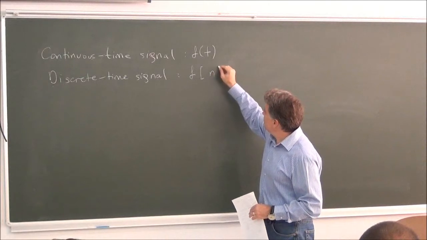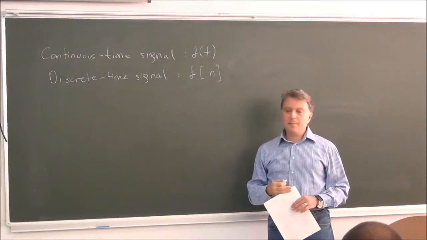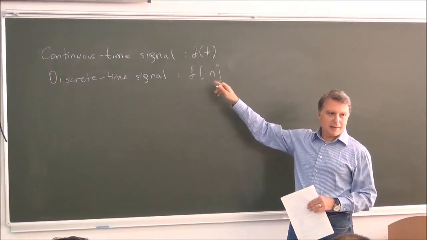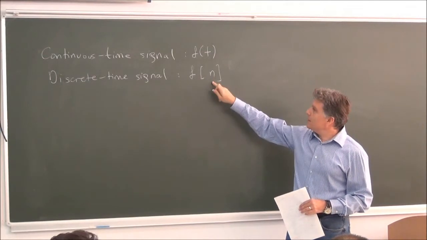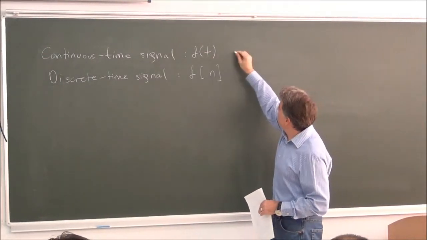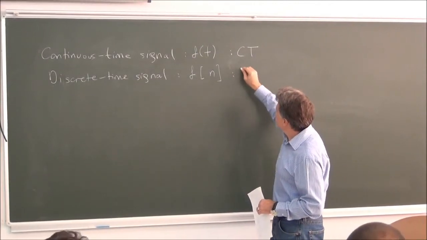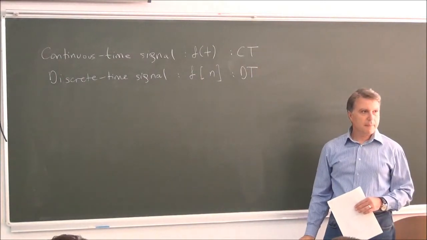And inside it, we have an index this time, which is usually notated by k, l, m, and n. Like this. So this is discrete time, this is continuous time. The abbreviations are CT and DT, continuous time and discrete time.